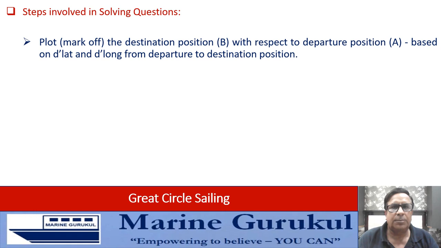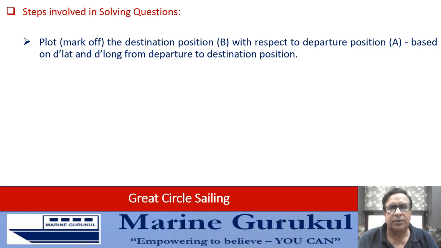If I wish to call the departure position A and destination position B, then I need to mark off B in a relatively correct place with respect to A. What does it mean? It means that depending on the DLAT from A to B, we decide whether B would be marked north or south of A. If DLAT is north from departure to destination, then B is marked north of A. If DLAT is south, B is marked south.